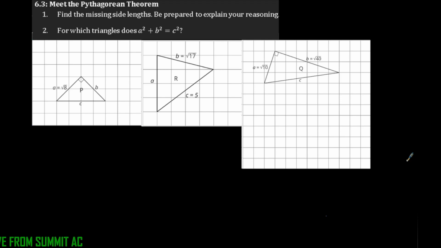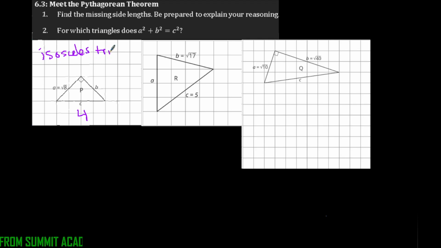So in that first one, this one's a little bit simpler. We can count this side length because it's just a straight horizontal line. So we can say a side length is 4. And I could say, hey, I know that this is an isosceles triangle. That means that the other side lengths are equal.